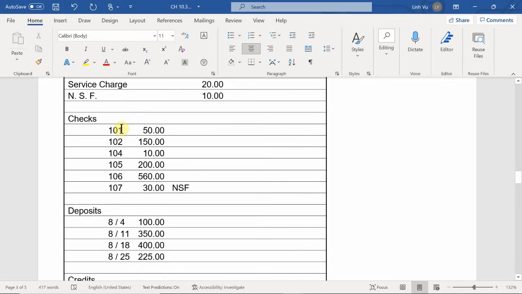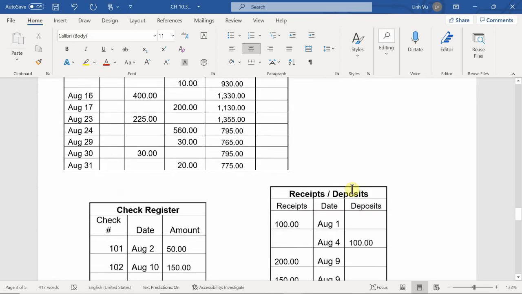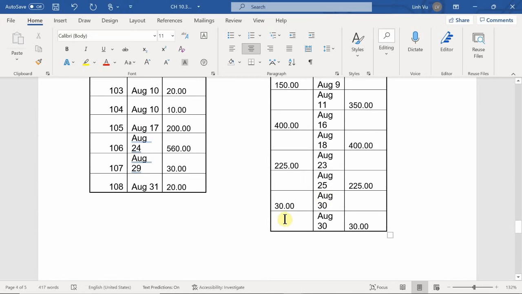Now let's take a look at our bank statement. Here's our deposit section. How many deposits have cleared? Only 4, right? If you remember, 100 was there, 350, 400, 225. Which one am I missing? The last one. The last deposit, correct, for $30. So if you want to highlight it, go ahead and do so.